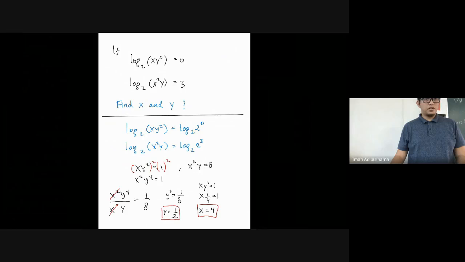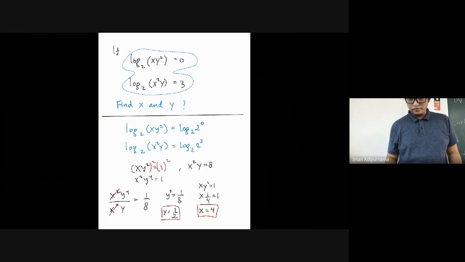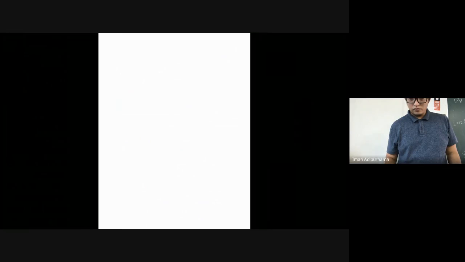If you want to solve it using the linear equations approach, you can also do that. For example, let me copy this. I can write the first one as, and it's still 0.